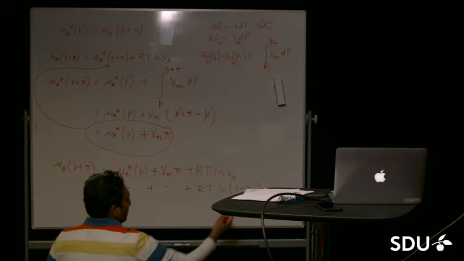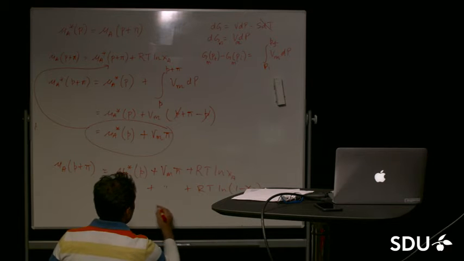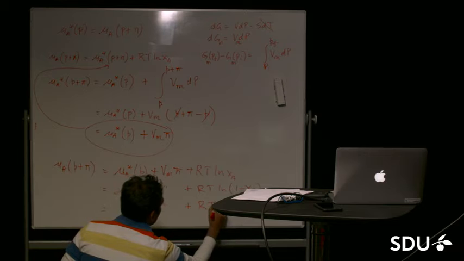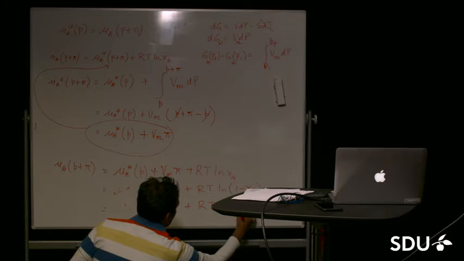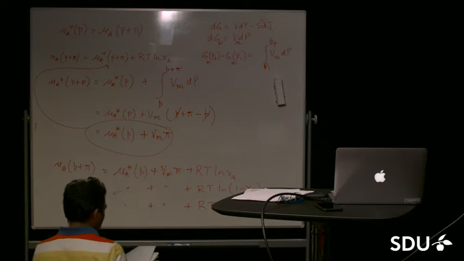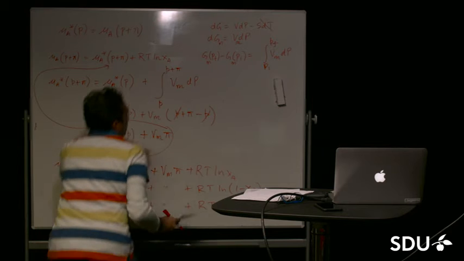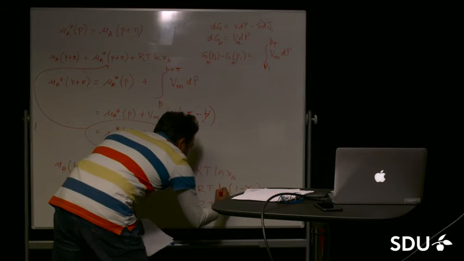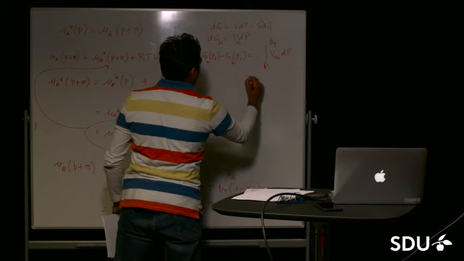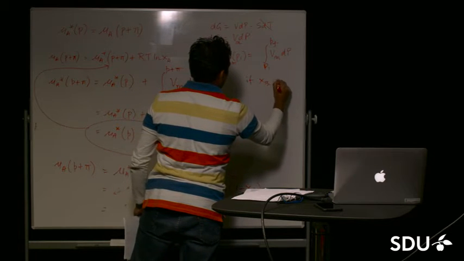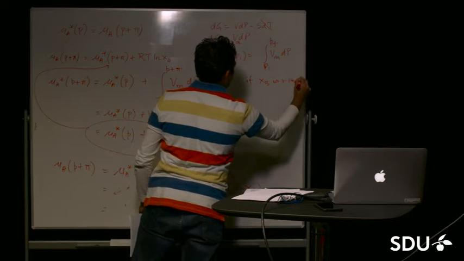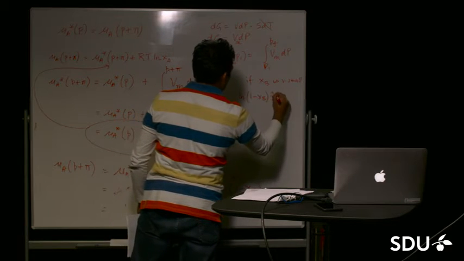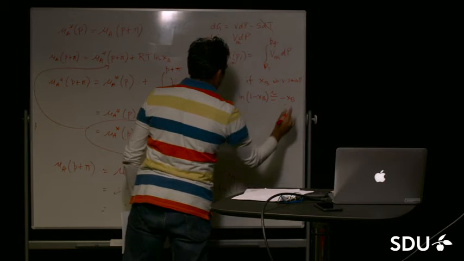Now it turns out that if XB is fairly small, this can be written as... I'm sorry, that is not correct. There is no log here now. So if XB is very small, then it can be shown that log of 1 minus XB will be approximately equal to minus XB.